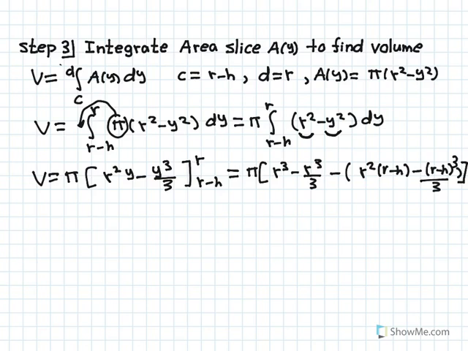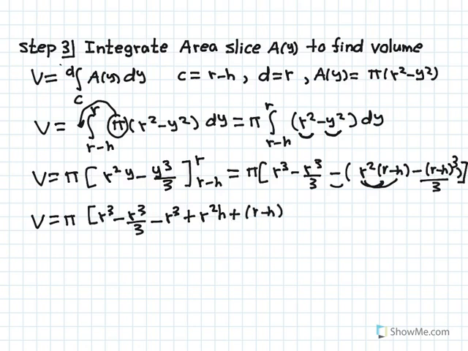All right, so volume is equal to pi times r cubed minus r cubed over 3, simplifying a bit more. So r squared times r is r cubed, times minus, we get minus r cubed. R squared times minus h is minus h r squared, and minus times minus is plus, so plus r squared h, and plus r minus h all cubed, divided by 3.